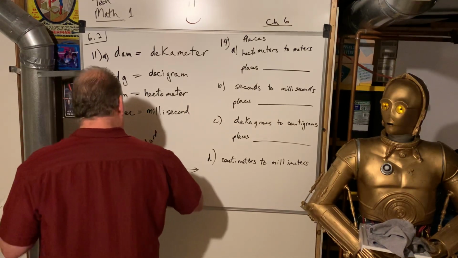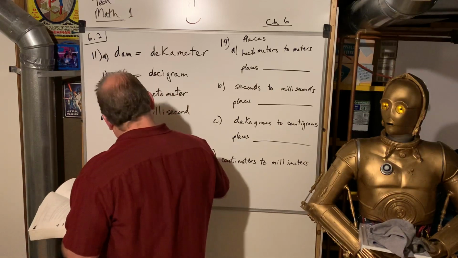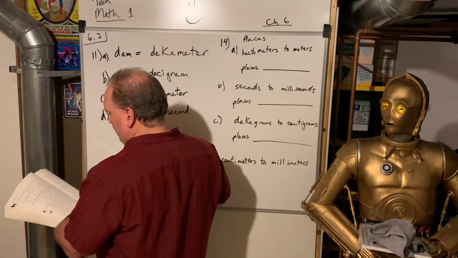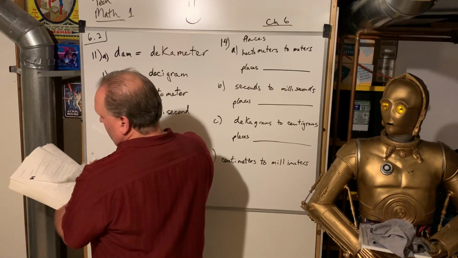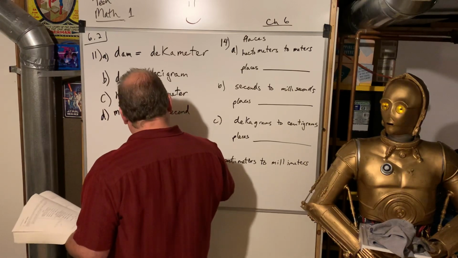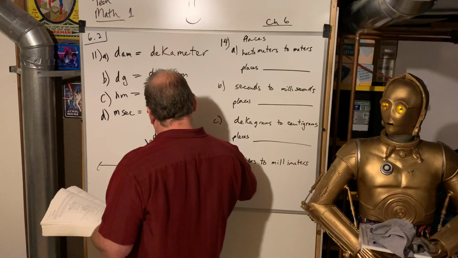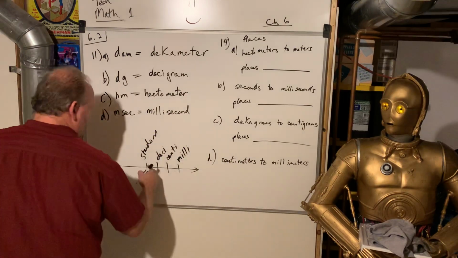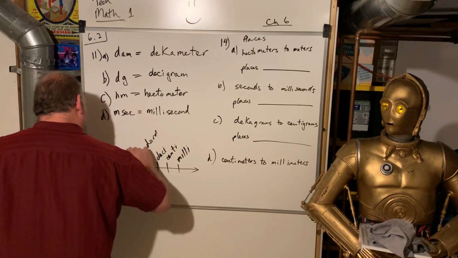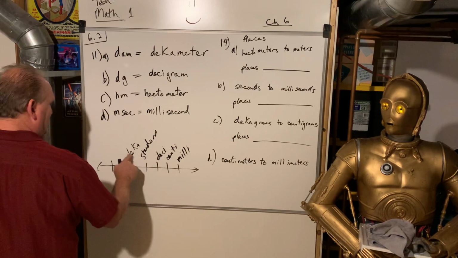And then if you're going small, it goes deci, centi, milli, that's going small. And then going large, it's deca with a K. I just get those two mixed up, deci and deca.